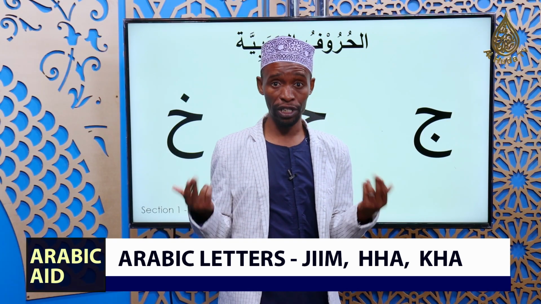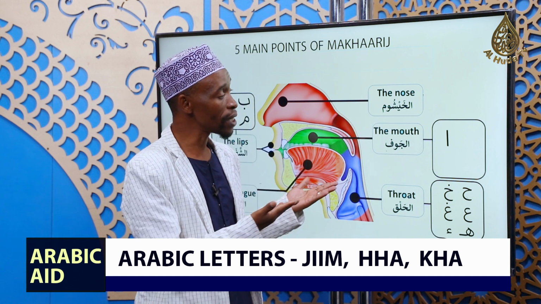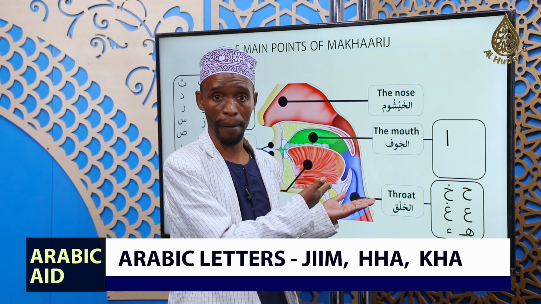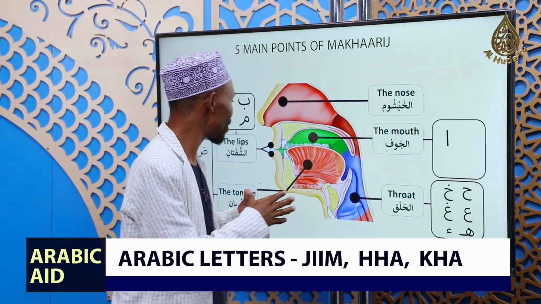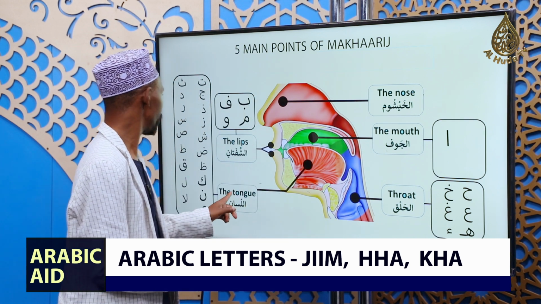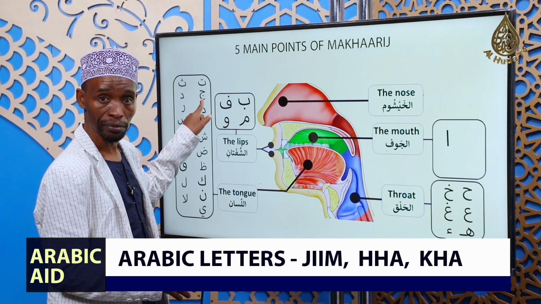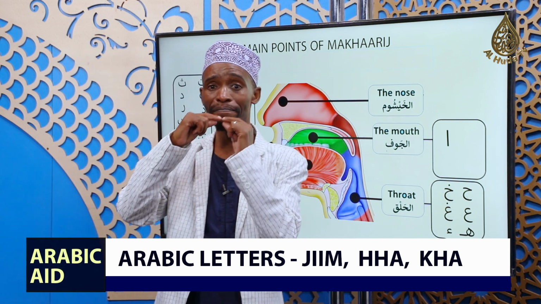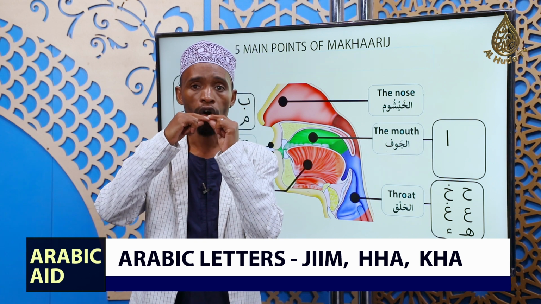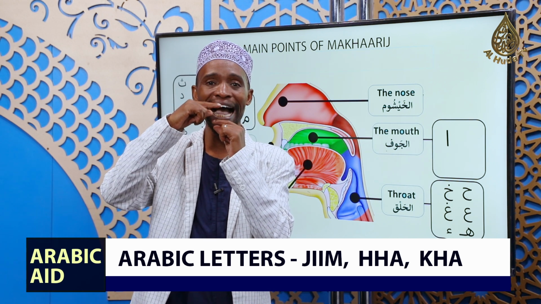Where is the Makhaarij for letter Jiim? By looking at our diagram, we see the Makhaarij for Jiim is at the tongue. Jiim is pronounced by placing the middle of the tongue on the middle of the mouth palate and sounding it out.